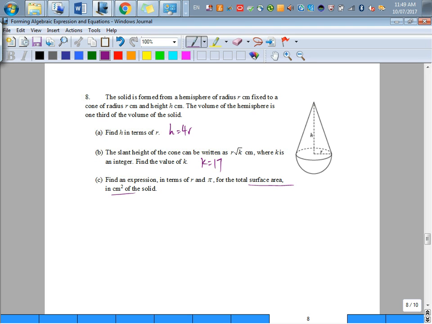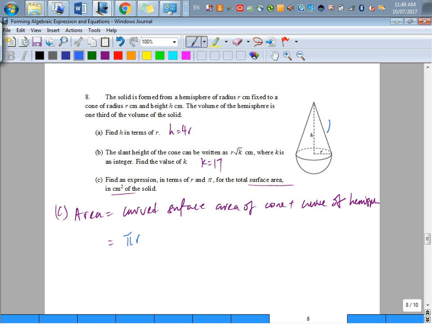Okay, so part C, area equals to curved surface area of cone plus curved surface area of hemisphere. So curved surface area of a cone is given by pi r L, where L is the slant height.